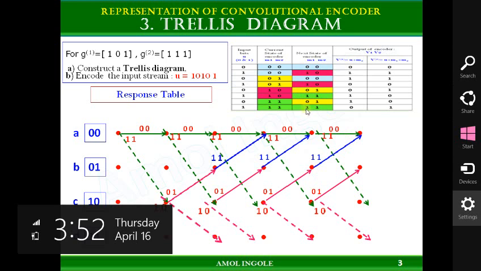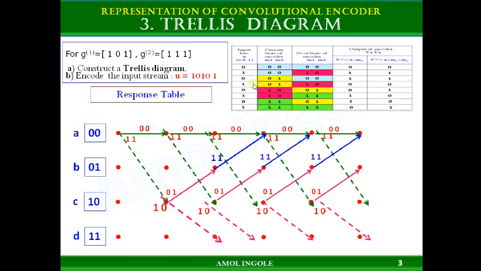Now we will consider input bit stream 1, input 1 with the 0 1 initial state, and it will take you to 1 0. So from here it will take you to 1 0 state, like this. This is how you can show it. From 0 1 state, when input 1 is given, it will take you to 1 0 state.